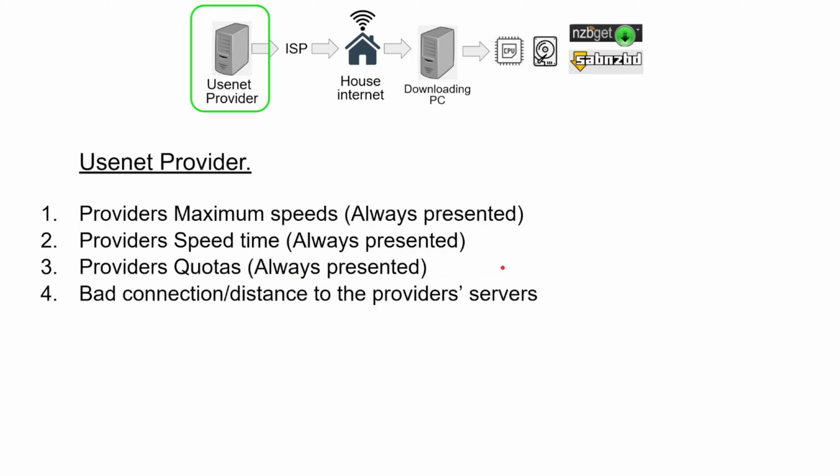I have used many providers during a lot of tests, and sometimes the providers and the servers are just too far from your home. It's as simple as that. It's a physics problem. The amount of links and connections and jumps will mean that you select a provider, they give you a server, nobody else is having a problem with the servers, but only you, because the distance is too high.